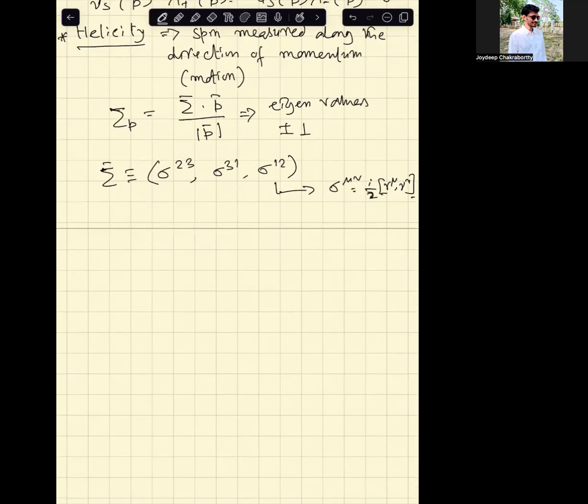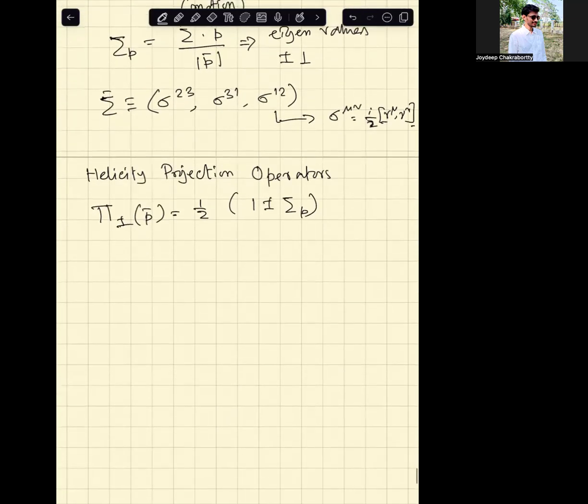So then once I define the helicity, then I can define my helicity projection operator as pi plus minus equal to a half, 1 plus minus sigma dot p. Okay. So that is how we define the helicity projection operator.